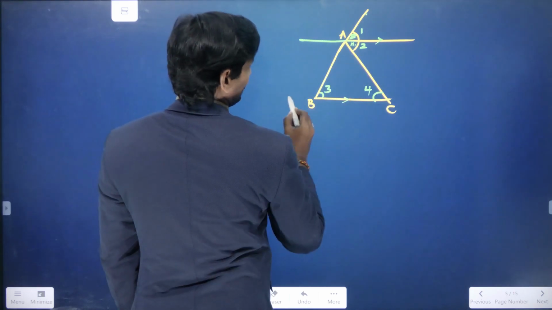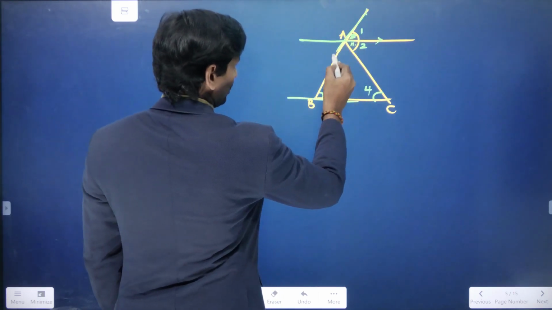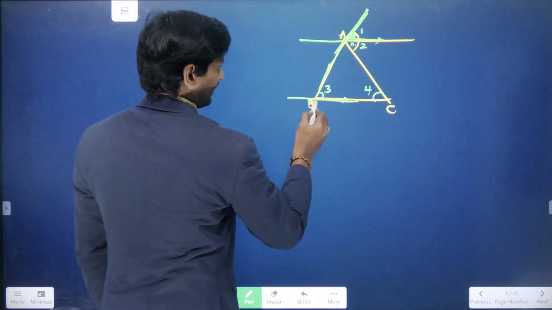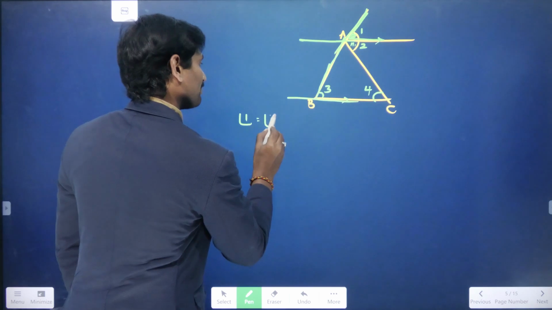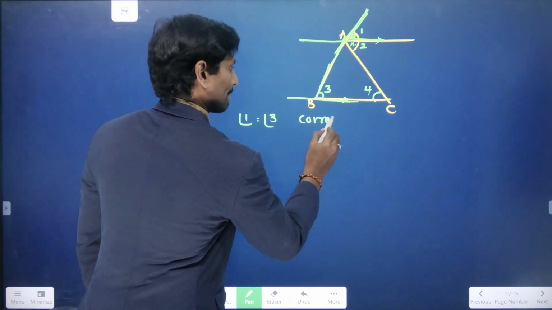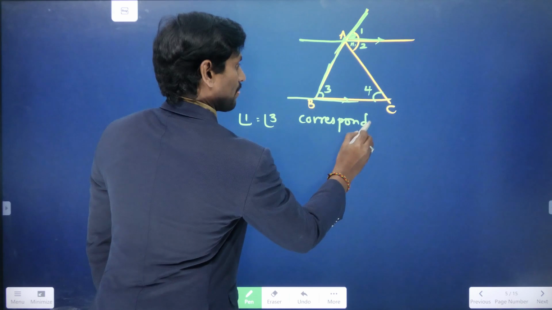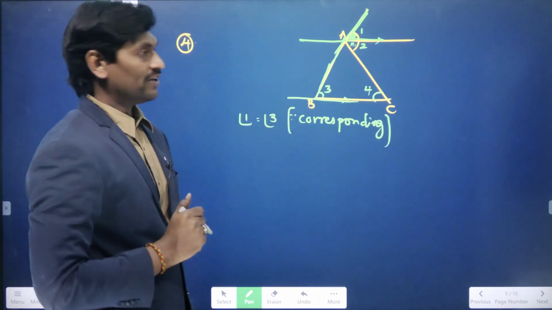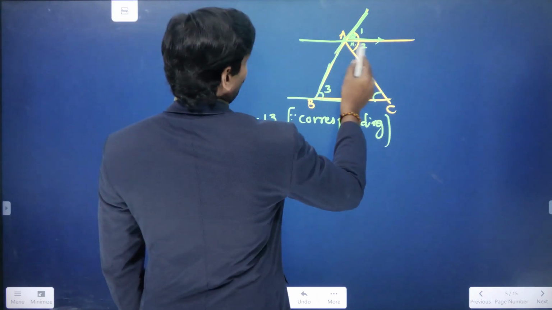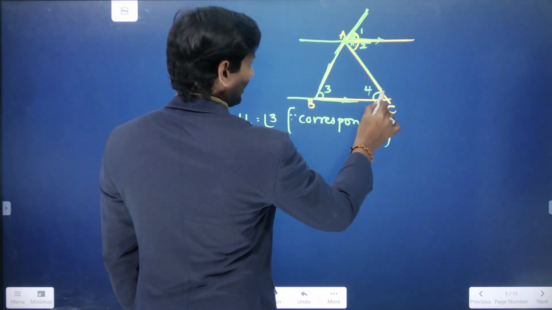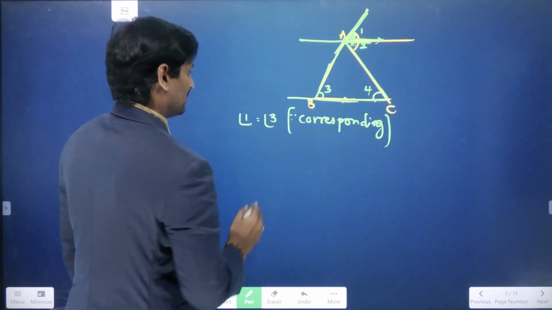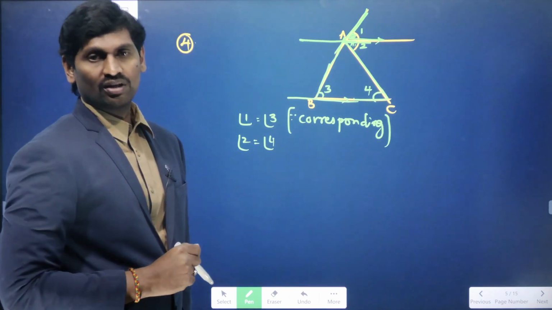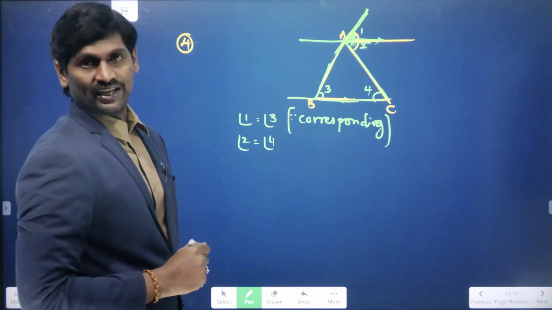If these two lines are parallel, there can be a transversal. From the figure, angle 1 and angle 3 are equal because they are corresponding angles. Now angle 2 equals angle 4, alternate angles. One is on the right side, one is on the left side.